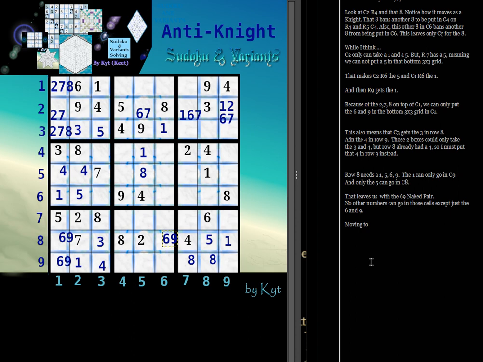Moving to column 1, row 5, we can remove that 4.